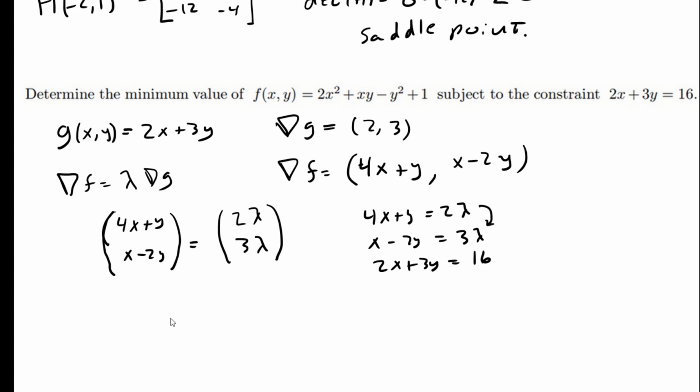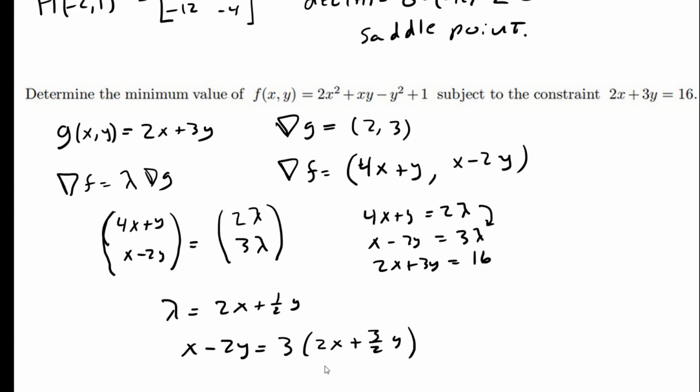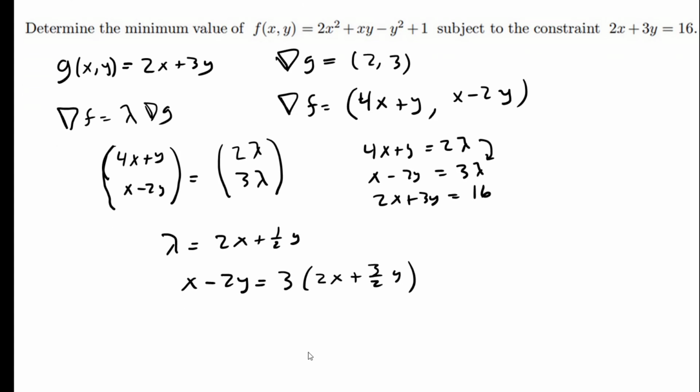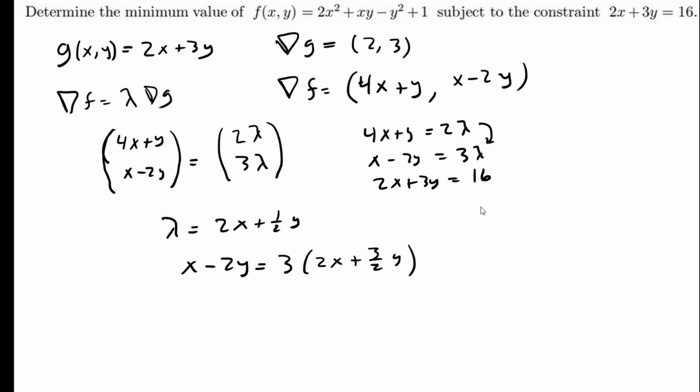So I have lambda equals 2x plus 1/2 y. And I plug that in, so I have x minus, what did I say, 2y? Yeah, 2y equals 3 times 2x plus 3 over 2 y. Let's solve for x and then plug that into the other one. So I have x minus 2y equals 6x.